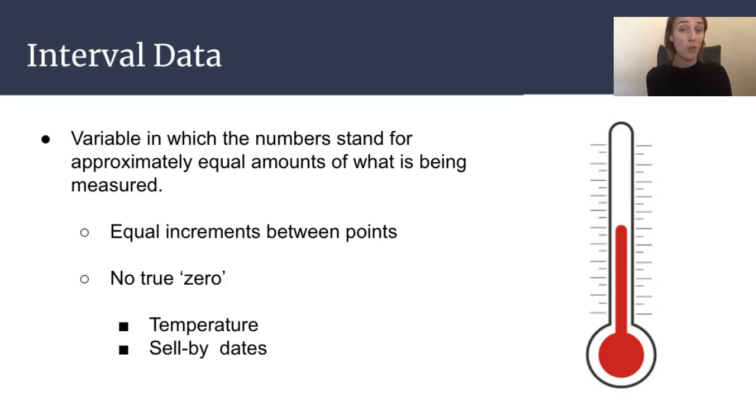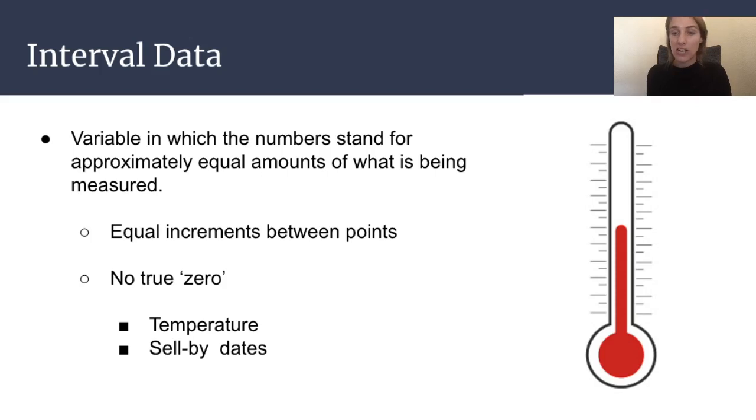In Fahrenheit, 0 just means pretty cold. Celsius, 0 means freezing, right? So 0 means different things, but 0 does not mean an absence of temperature, right? It does not mean an absence of temperature. So this is a conceptual kind of issue, again, that we'll address momentarily here. But that's what we need for interval data.